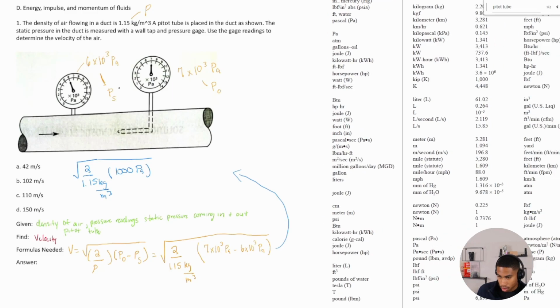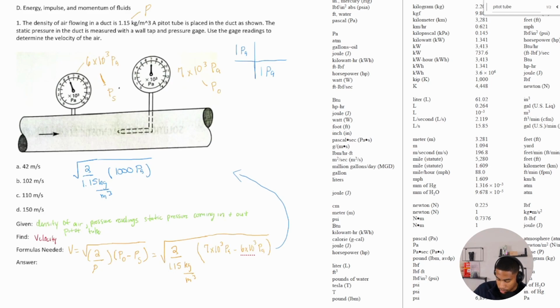All right. So 1 Pascal equals 1 Newton per meter squared. So we'll start there. So 1 Pascal is equal to, what is it?